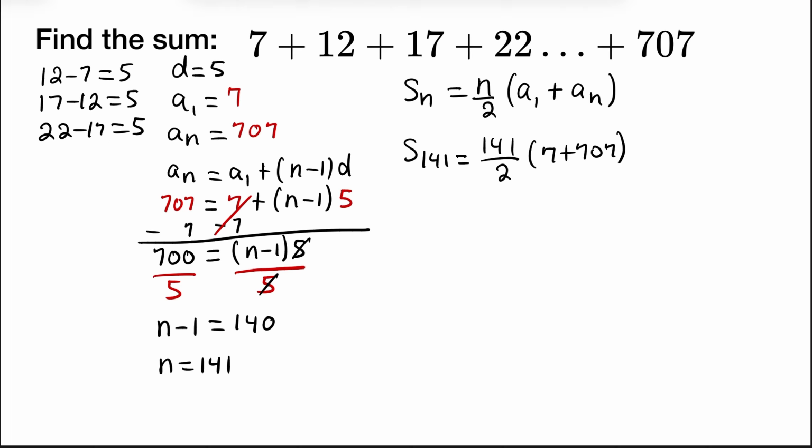Okay, so now let's go ahead and solve this even further. And we know that 7 plus 707 is 714, so we'll set this equal to 141 times 714, and that is over 2.